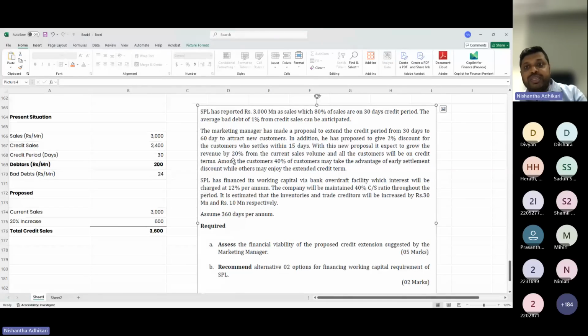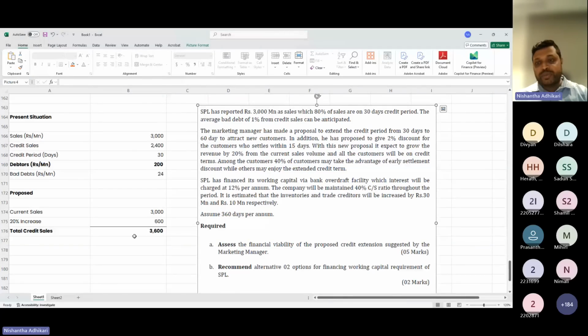Now with this proposal, why would they settle early? They can take 15 days credit and they can get the 2% discount if they settle in 15 days. Why would they go and settle early? All the customers, even the cash customers, will take the credit period. Right?